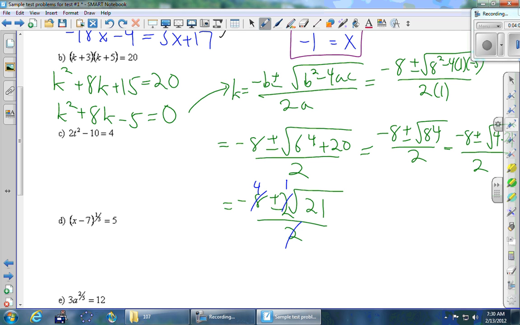So then our final simplified full credit answer is -4 plus or minus the square root of 21. No need to write the 1 on the bottom anymore. Okay, so that's full credit. And this one here is most credit.